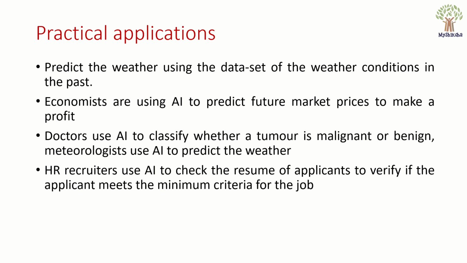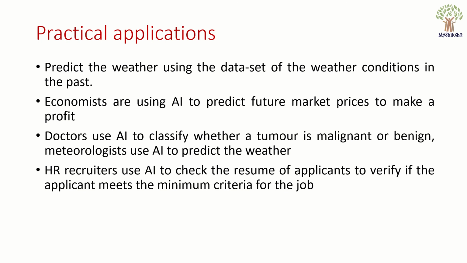Economists also use AI to predict future market prices to make a profit. Even for stock prices, sometimes they try to use linear regression, but of course you need a large quantum of data to form a perfect fit of the equation. Otherwise it is really tough to get accurate results with very limited data. Doctors also use artificial intelligence to classify whether a tumor is malignant or benign. And meteorologists use AI to predict the weather.